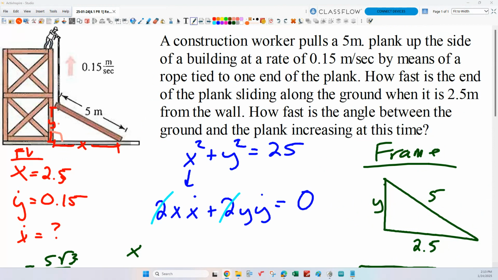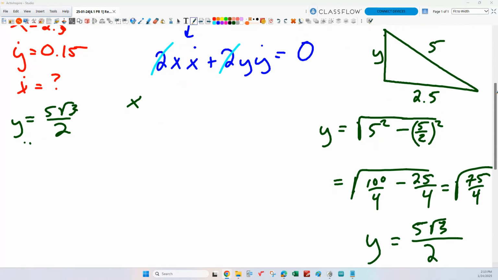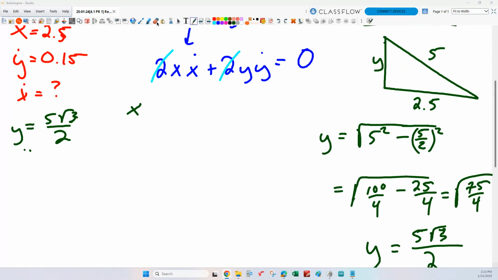All right, so where were we here? So we were saying, if I solve for x dot, what do I get on the other side? Negative y dot divided by x. Okay, and we have all that stuff, right?